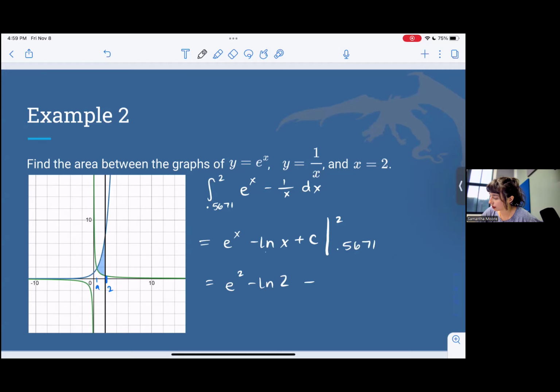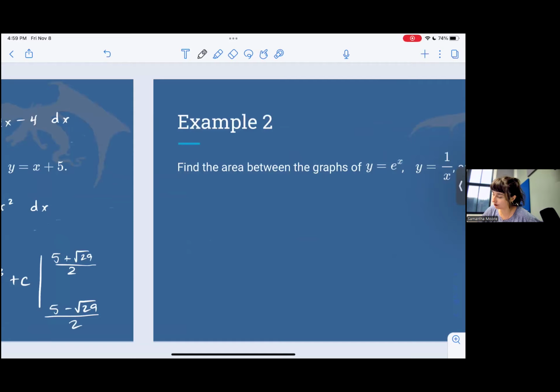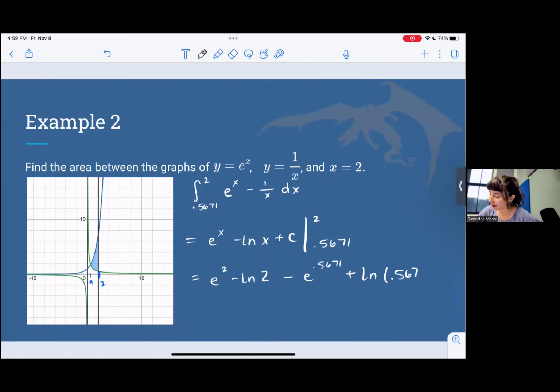The c's will cancel, minus e to the 0.5671 plus natural log of 0.5671. There we go. And again, not a super nice number that I would expect you to be able to simplify by hand or anything. Plug this into a calculator, get a nicer number out.